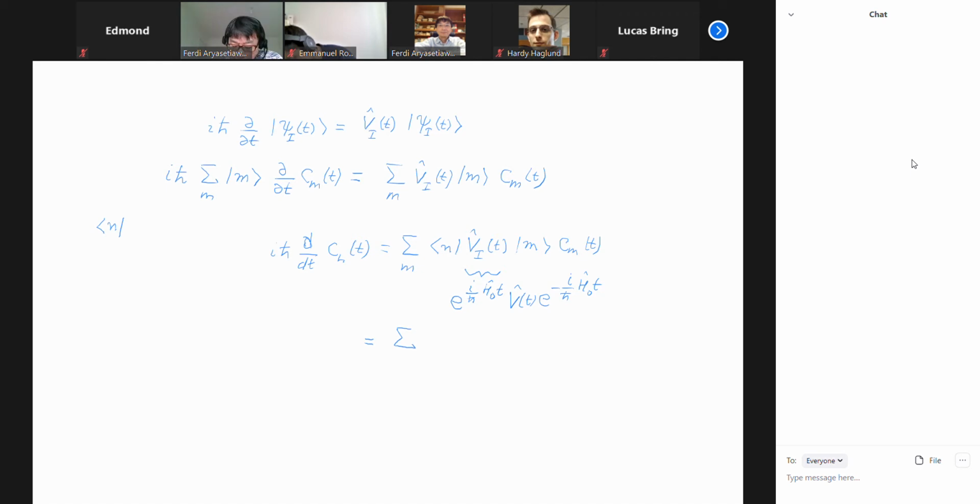So we get then the sum over m of the matrix element of the potential between states n and m, V_nm(t), and then the exponential, e^{iω_nm t}, and this ω_nm is just the energy difference. So ħω_nm is just the energy difference between E_n and E_m.